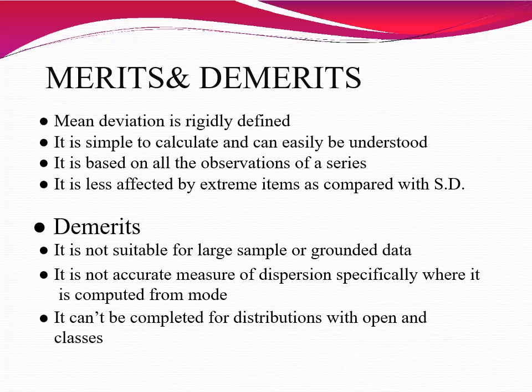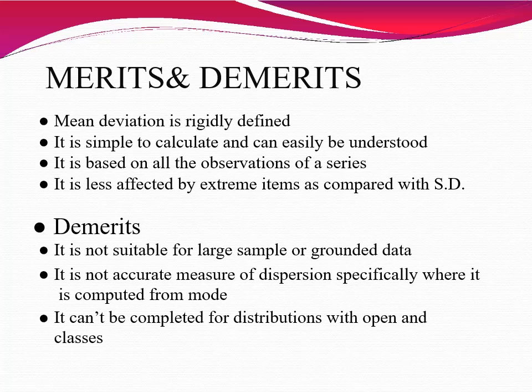And then, what are the disadvantages? It is not suitable for large samples. Then it is not an accurate measure of dispersion, specifically where it is computed from the mode. As we know, measures of central tendency themselves do not give accurate information or accurate answers, and this is based on averaging of the measures of central tendency.